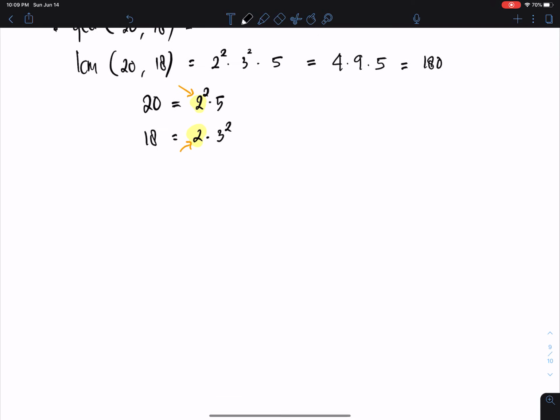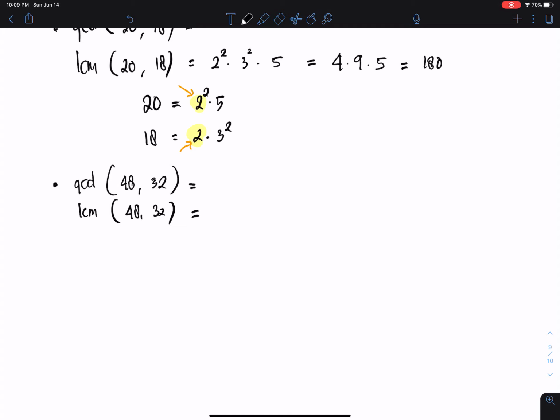For example, if we try to find the GCD for, let's see, 48 and 32. This is quite big already for manual calculations. So let's see, and also the LCM of 48 and 32.